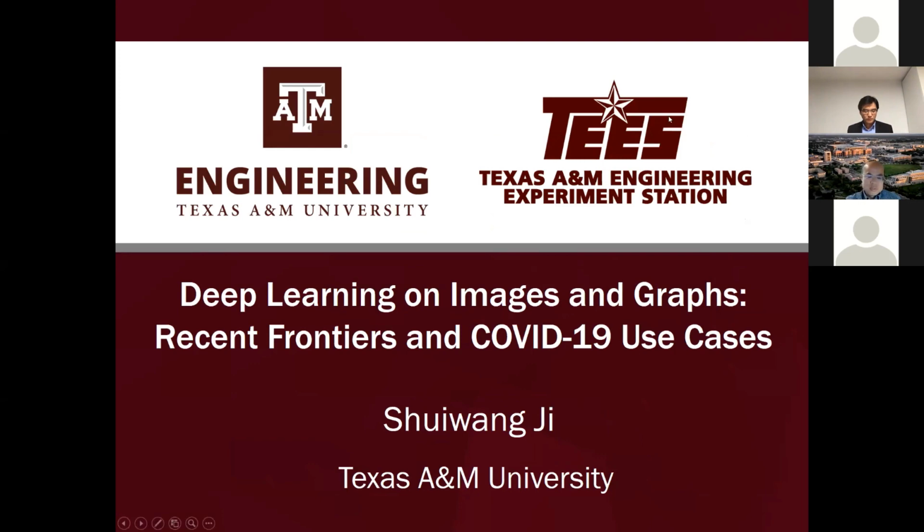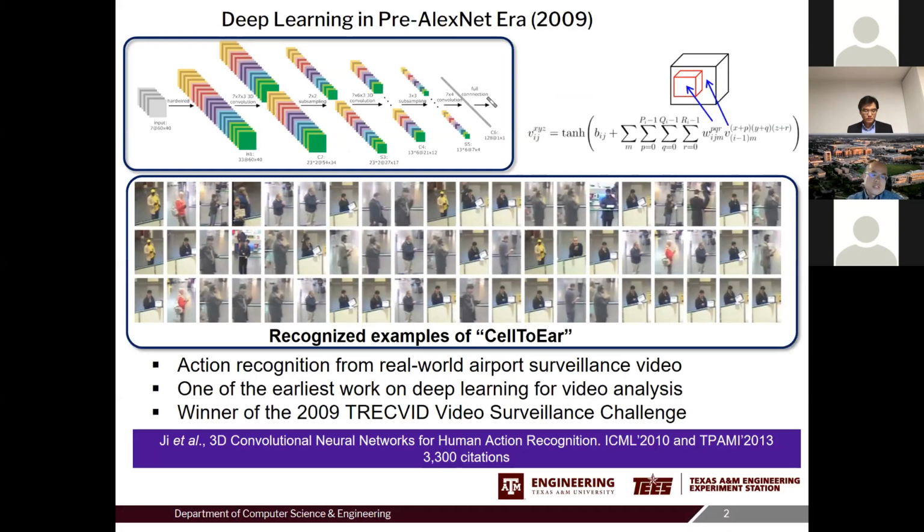talk about our work on deep learning applied to images and graphs, and I will also talk about how we can use this to solve problems in COVID-19. Actually, I have been working on deep learning for 10 plus years. The first work I did on deep learning was in 2009, when I was a student intern at NEC Labs.